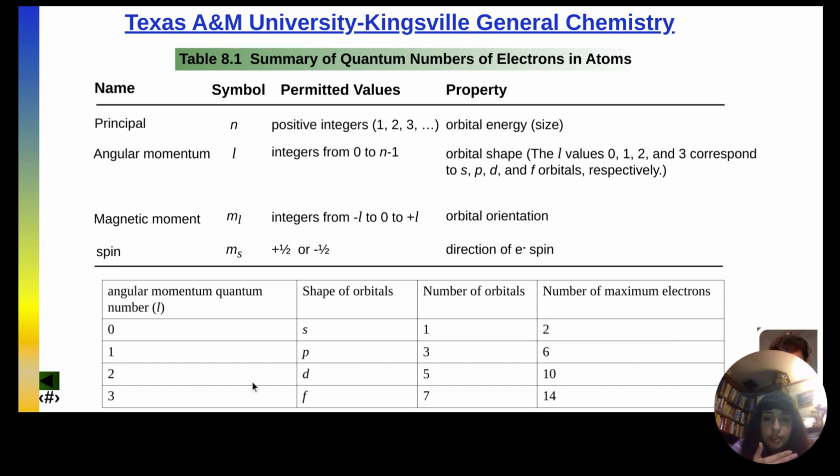So our 0 is s, our 1 is p, our 2 is d, and our 3 is f. The orbital orientation of these is 1 for 0, 3 for 1, 5 for 2, and 7 for 3. And the maximum number of electrons in these is 2 for 0, 6 for 1, 10 for 2, and 14 for 3.